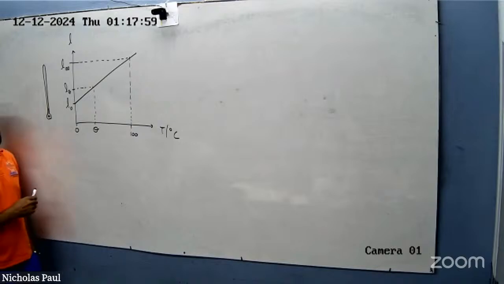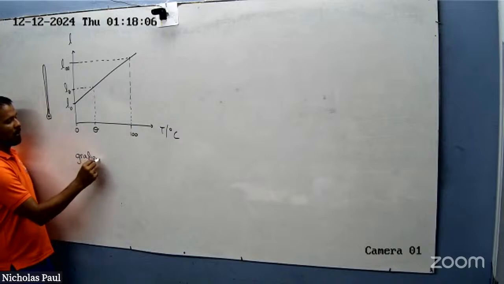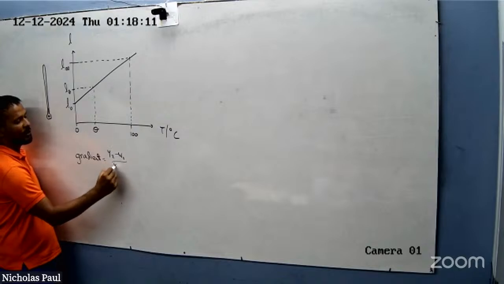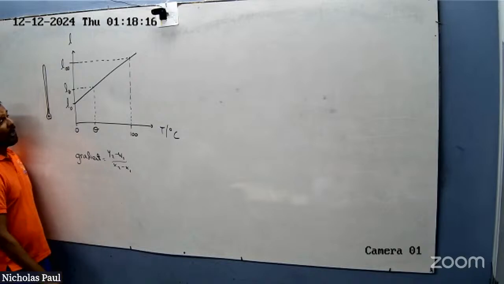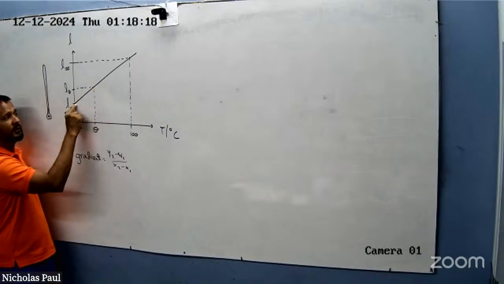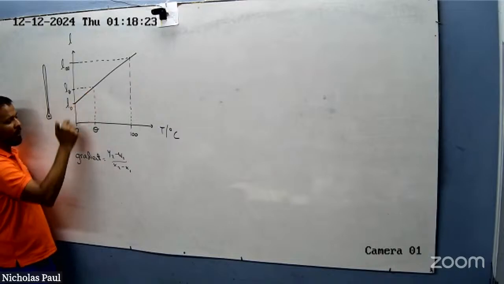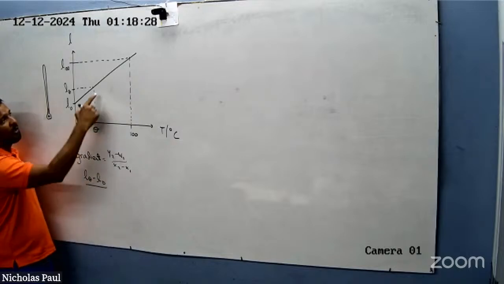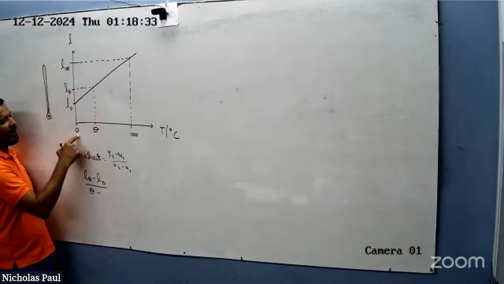But watch how easy it is. You all remember how to find gradient? Change in y over change in x. So watch this here. I'm going to choose these two points. I'm going to choose this as y2, and this as y1. So that's L theta minus L0 all over x2 minus x1.